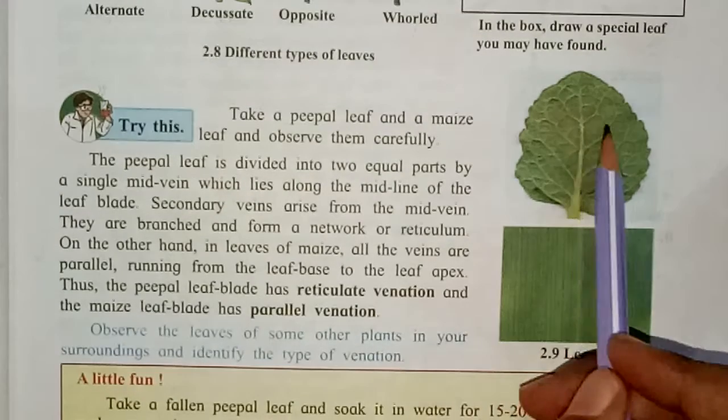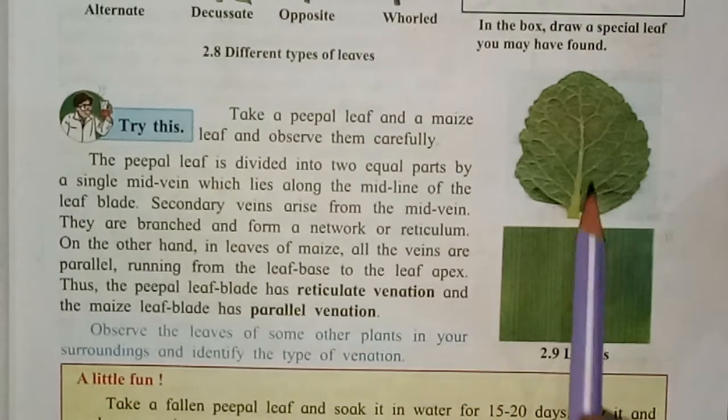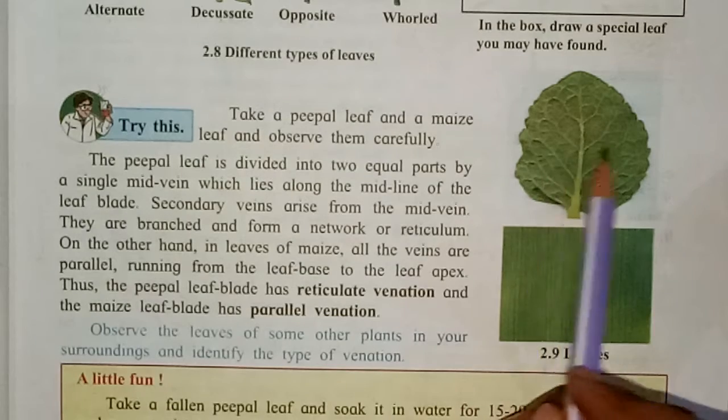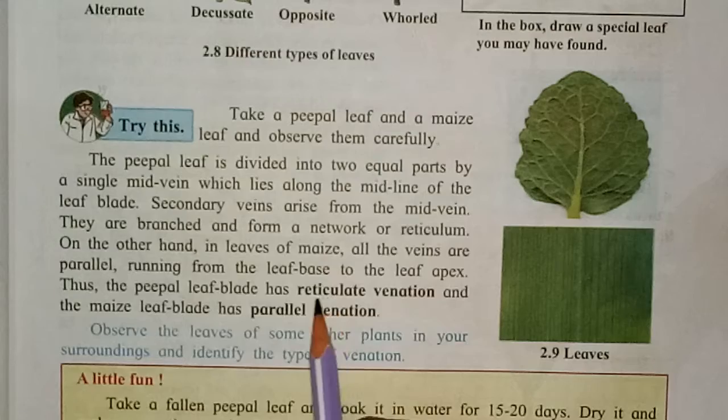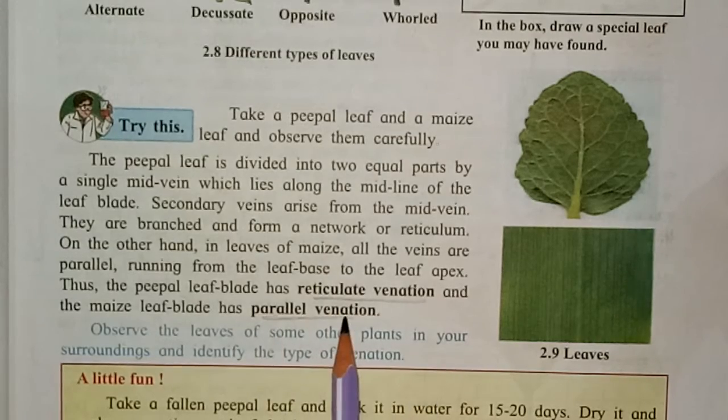These small lines are the lines of one leaf blade, and this is another type of veins found in some plants. On the basis of the arrangement of these veins, they are divided into two types: reticulate venation and parallel venation.